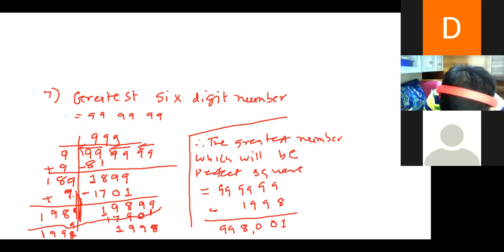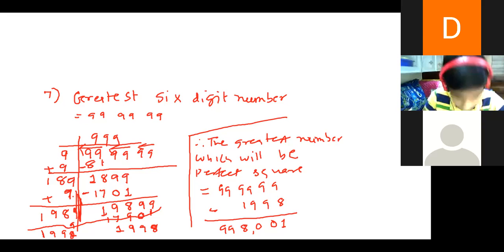This is sum 7. Find the greatest number of 6 digits. The greatest 6-digit number which we know is 999999, correct? But they are asking for a perfect square 6-digit number. So I found its square root by the division method.